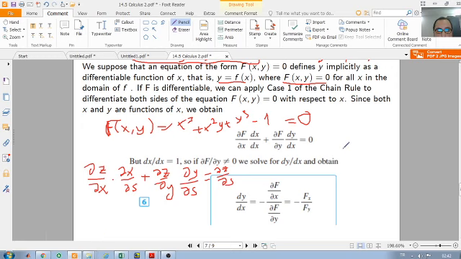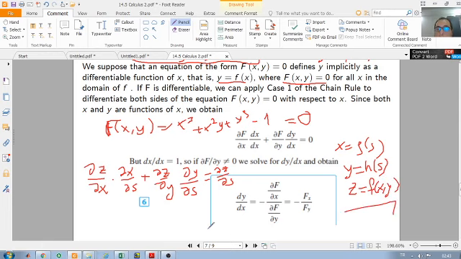If x is a function of s and y is a function of s, therefore the variable z is actually given by f of x y.